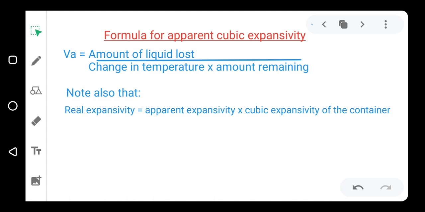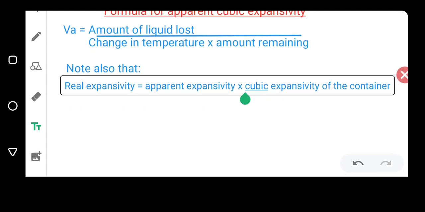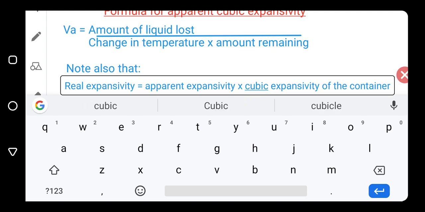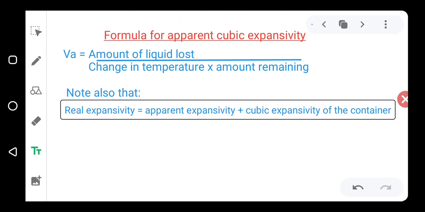Now, I've said that the real cubic expansivity is equal to the apparent cubic expansivity plus, not times, plus the cubic expansivity of the vessel.